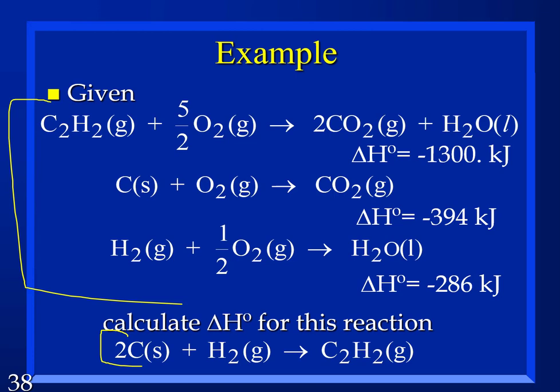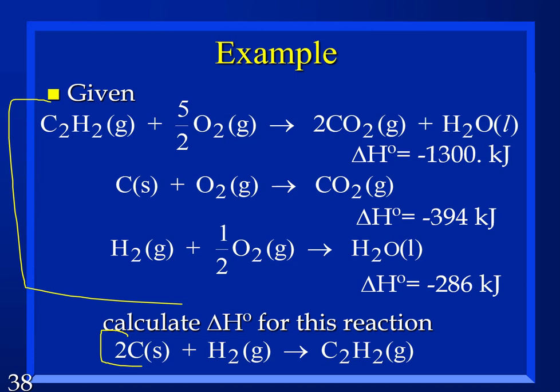So the delta H for this is going to be 2 times negative 394 kilojoules plus negative 286 kilojoules plus, well, minus a negative 1300. Oh, plus, sorry, minus a negative 1300. And so I just push those buttons.